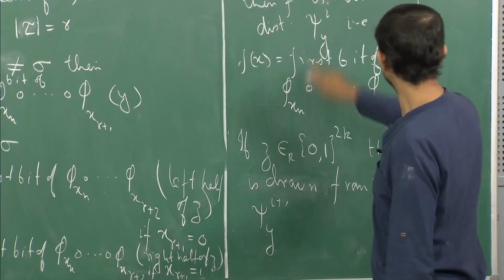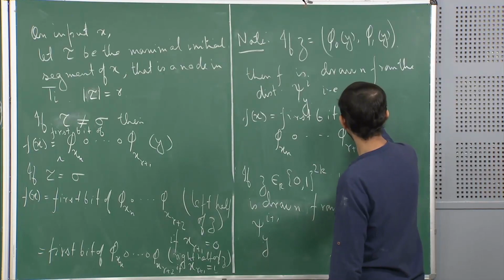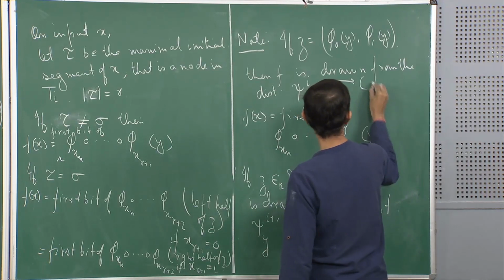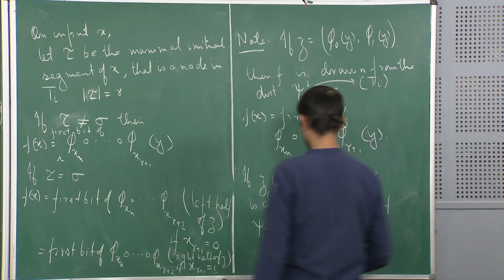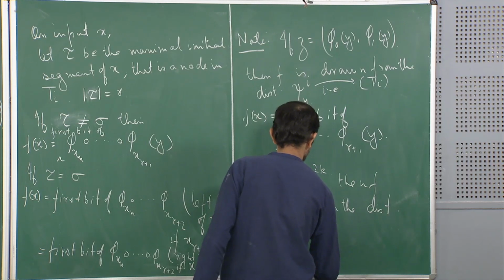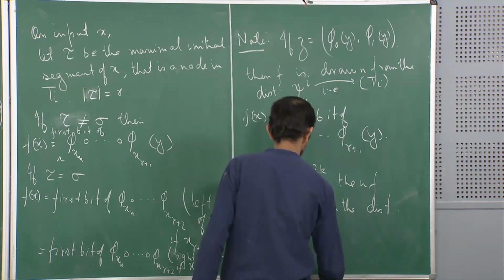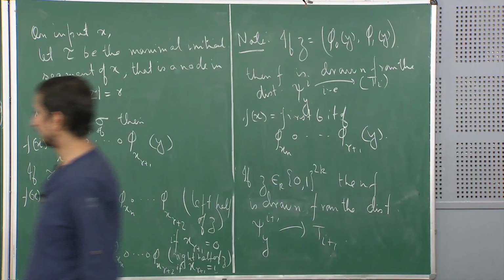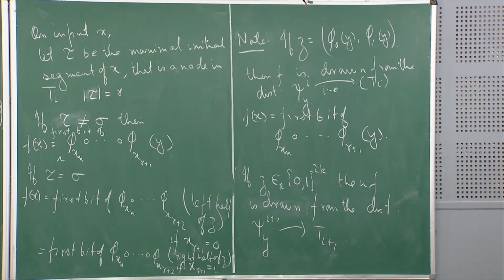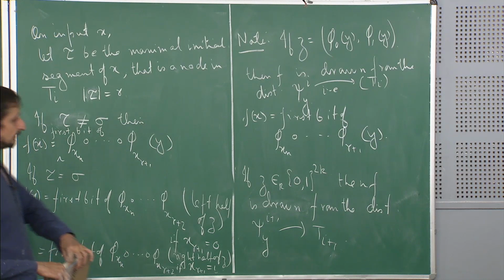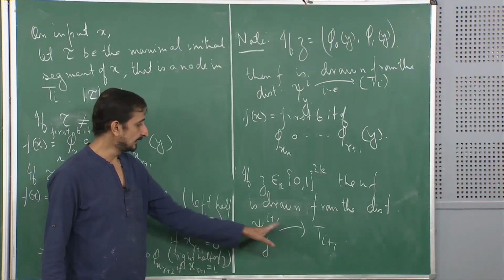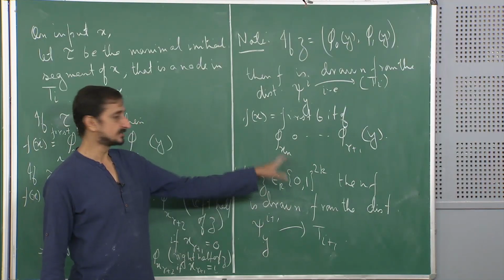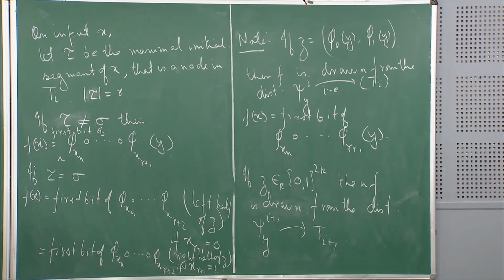And this distribution corresponds to the tree ti, and this corresponds to the tree ti plus 1. So our assumption is that there is an algorithm which is able to distinguish between these two distributions.